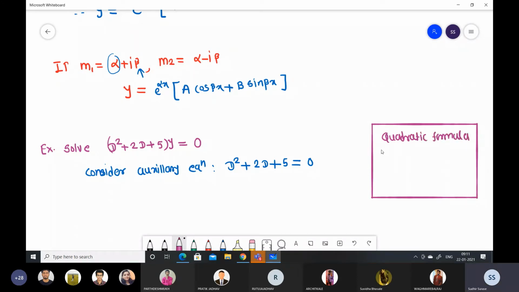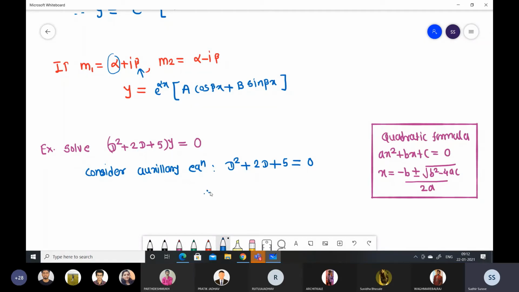If you have a quadratic equation ax square plus bx plus c is equal to 0, then the value of x is given by x is equal to minus b plus minus square root of b square minus 4ac divided by 2a. Instead of x, here we have the D term.